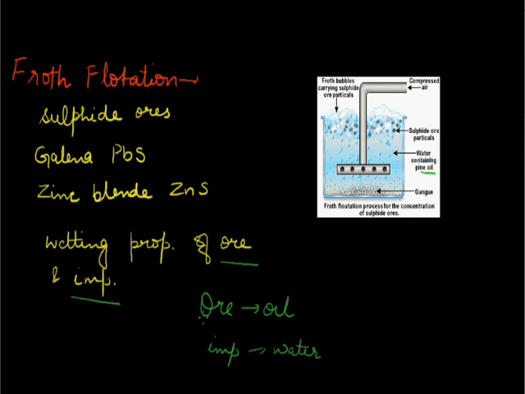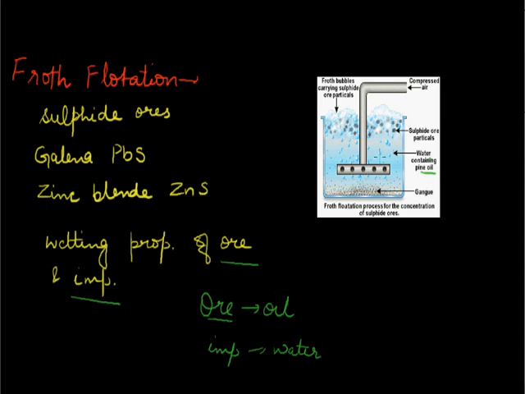So when I'm saying that ore is getting wetted with oil, it means that ore will be attracted towards oil, and anything which is attracted towards oil is hydrophobic and it will repel water. So ore and impurity are such that one is attracted towards oil, the other one is attracted towards water, two solvents which do not mix into each other.